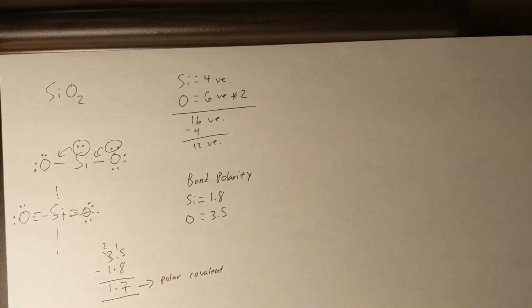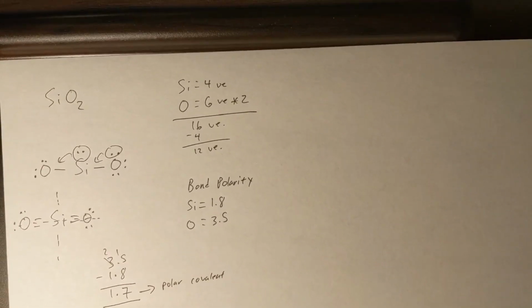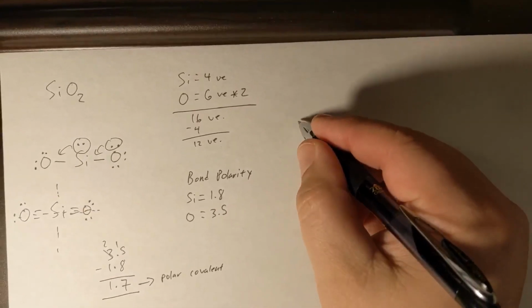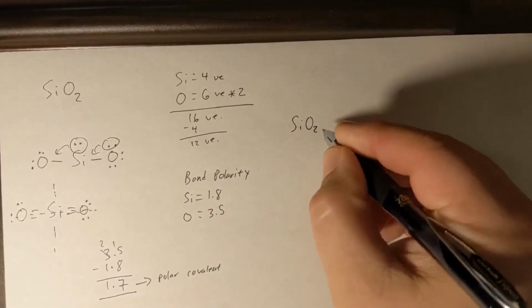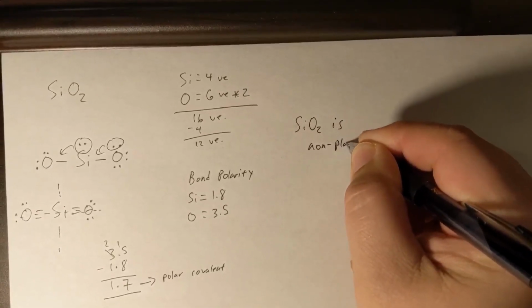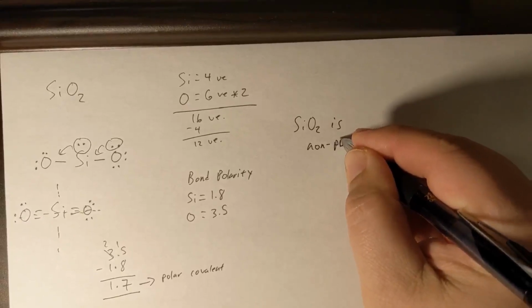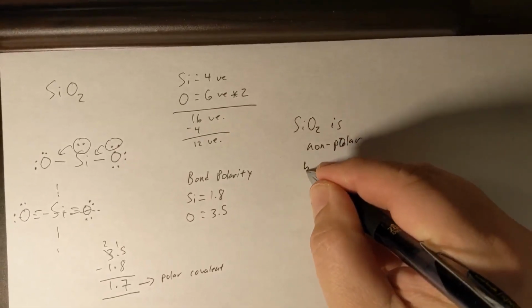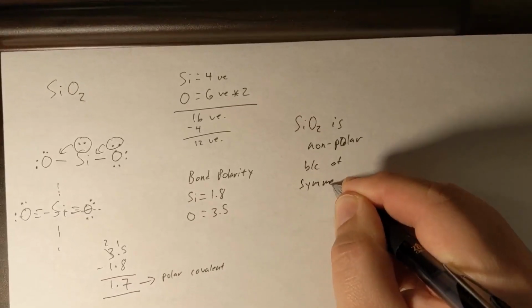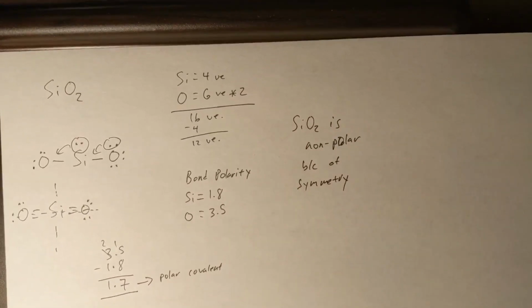So we could rotate it around and it would be the same. Because this is symmetrical, even though it has polar covalent bonds, SiO2 is non-polar. And it's because of the symmetry.